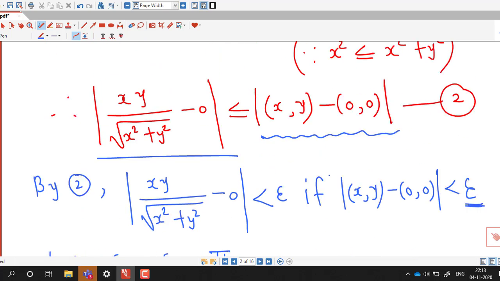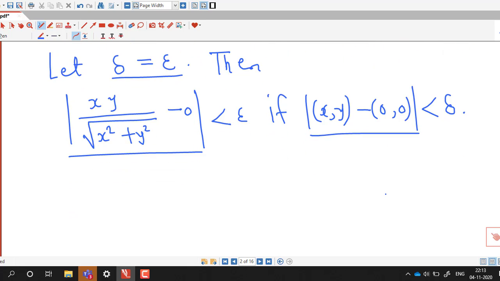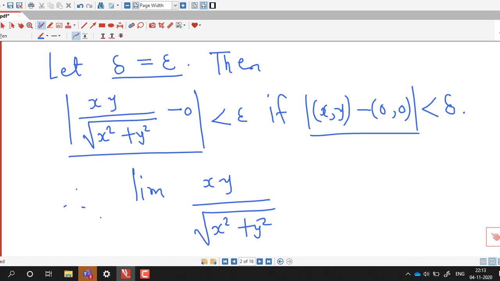So for every epsilon positive there exists delta, equal to epsilon, such that distance between these two is less than epsilon whenever distance between (x, y) and origin is less than delta. So therefore by definition we can say that limit exists and value of limit as (x, y) approaches (0, 0) is 0.